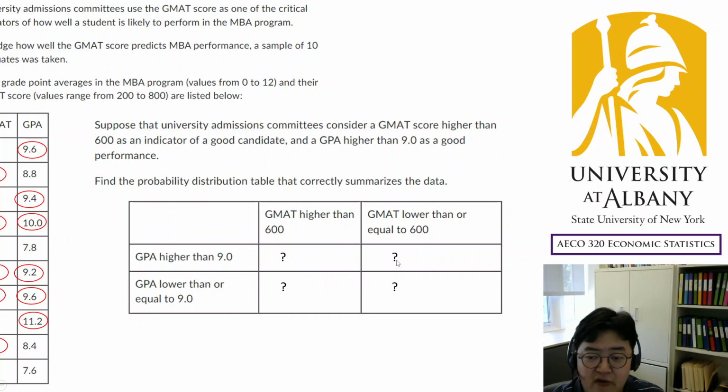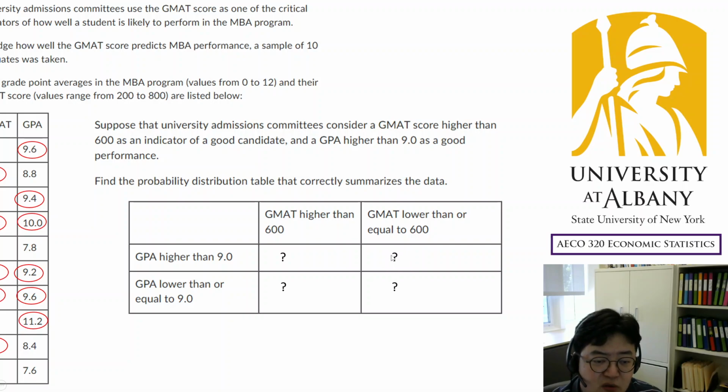Similarly, in this entry, top right entry, GPA must be greater than 9, but GMAT lower than 600. So let's count. You should circle only on the right column, sorry. So 1, 2, 3.